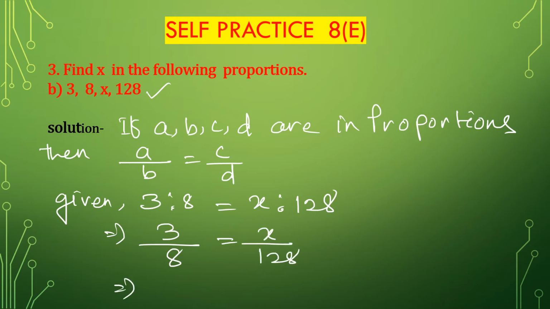We have to cross multiply. 3 multiplied by 128 is equal to 8 multiplied by x.